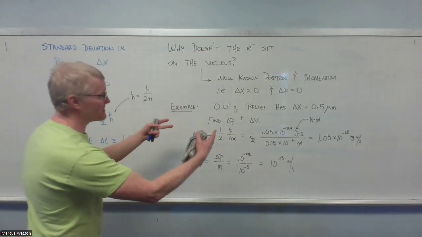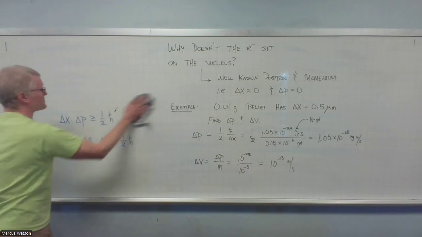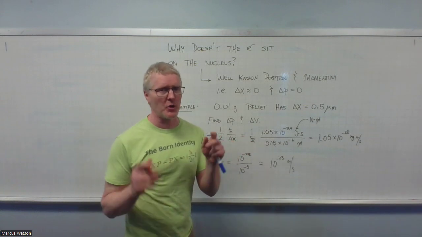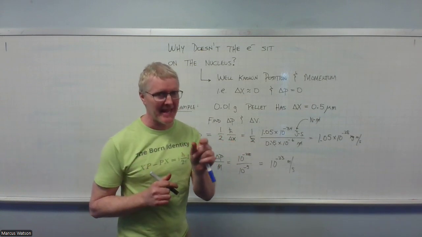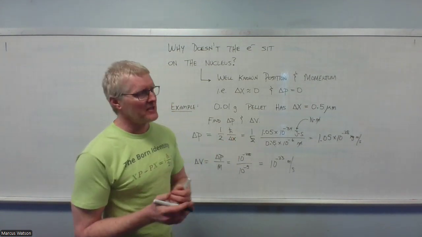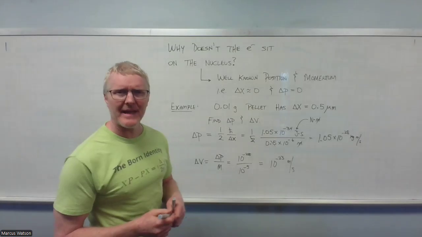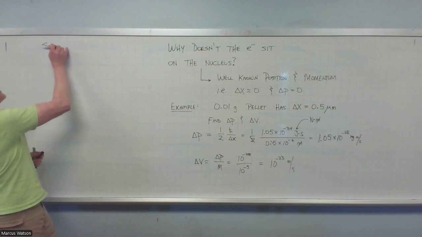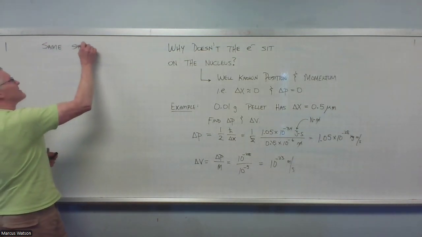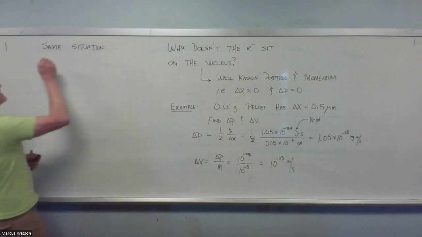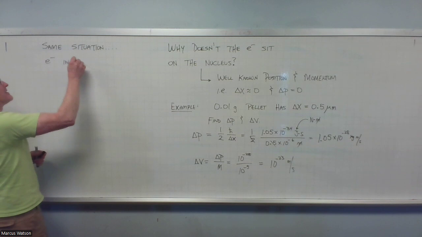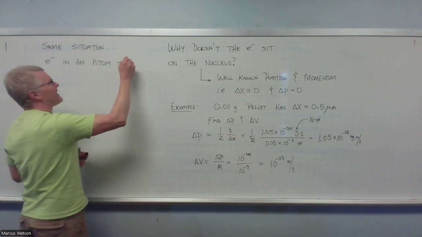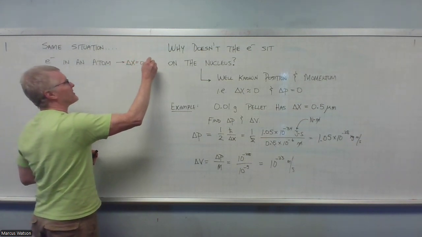Let's take the exact same situation, but now I don't know where it is; there's an electron in this atom of atomic size, say 0.1 of a nanometer. Same example, but now an electron in an atom with delta x being, say, 0.1 nanometers.